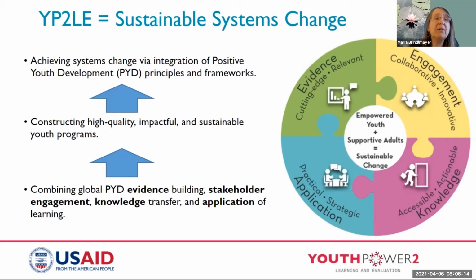The program activities include the Learning Network as one of our components, and then we also have communities of practice. We hope that you will join some of those. They are on our website, youthpower.org. And I think at the end of this webinar, you'll hear a little bit more about that. So this lets me conclude that short introduction.